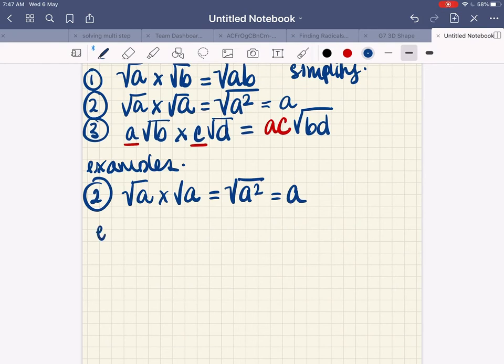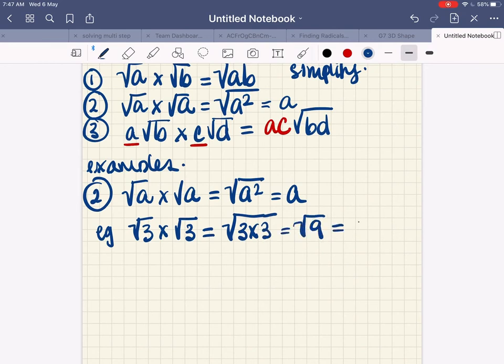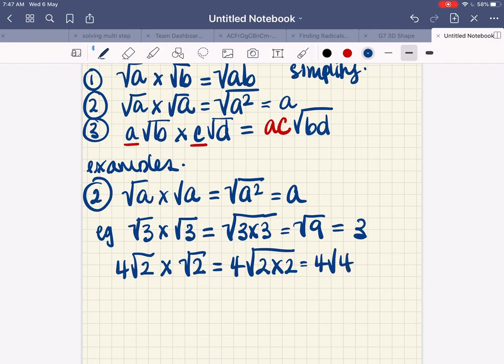If I had the square root of 3 times the square root of 3, it would be the square root of 3 times 3, the square root of 9, which is 3. 4 root 2 times root 2 would be 4 times root 4, which is equal to 8. Where you can, you must simplify.